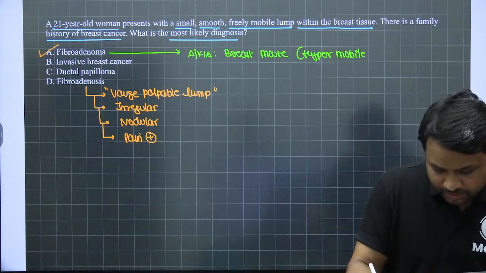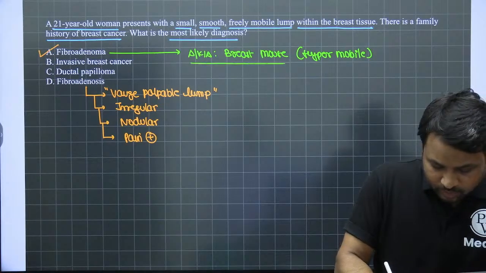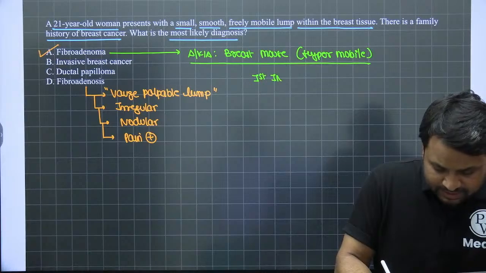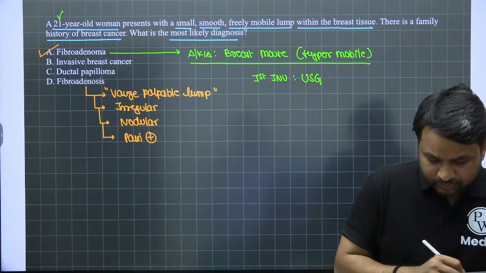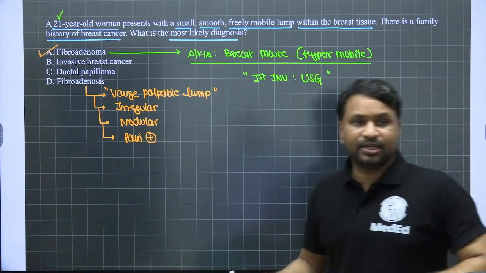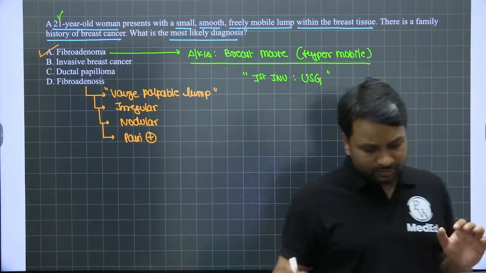When you talk about fibroadenoma of the breast, what is the first investigation in this case? It is going to be ultrasound, right? So ultrasound becomes the first investigation in order to conclude that this is fibroadenoma of the breast.